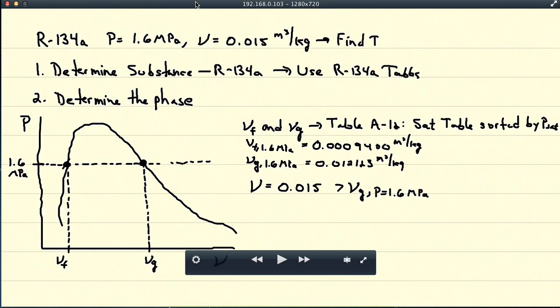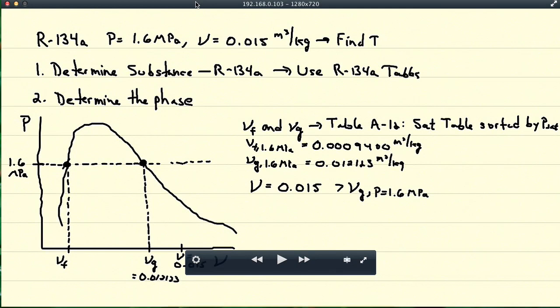If I go back to my diagram, this v_g is equal to 0.012123, but our specific volume, v, is greater than that, 0.015.